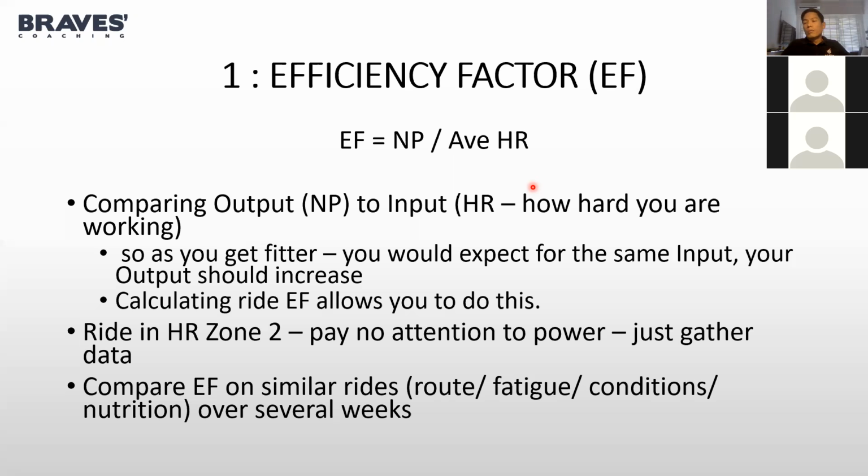So for example, these zone 2 rides that we're doing, I wouldn't pay attention to the power while you ride, just gather the data and then you compare your efficiency factor on similar rides over several weeks. Similar rides meaning the route is the same, your level of fatigue is the same, meaning you're consistent in your training and you train like 5 hours a week or 6 hours a week. Conditions are the same and the nutrition during a ride is the same.